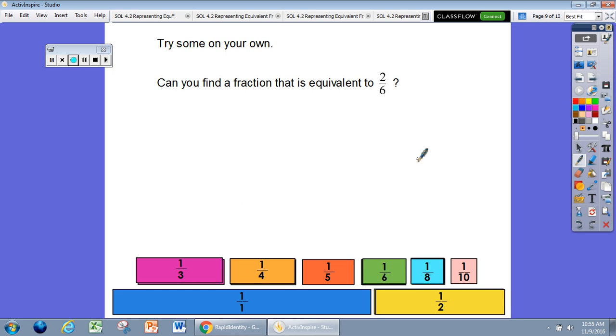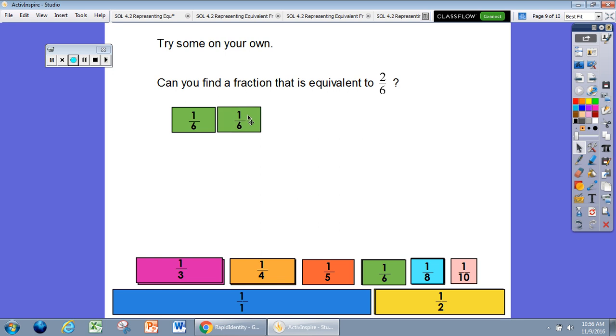Great job. Now try this one on your own. Can you find a fraction that is equivalent to 2/6? Pause the video and try this one on your own. Great job. You probably first started with 2/6.